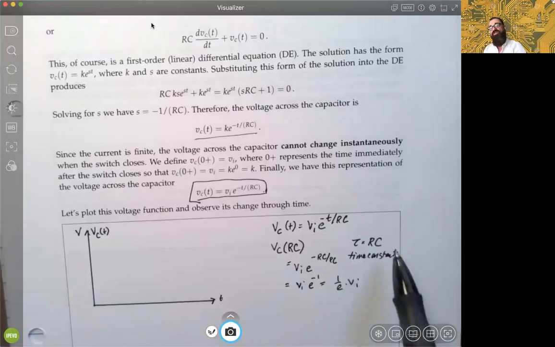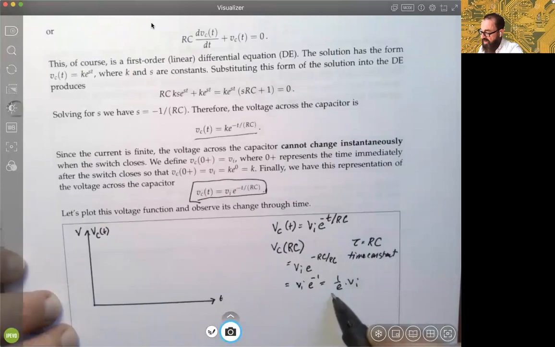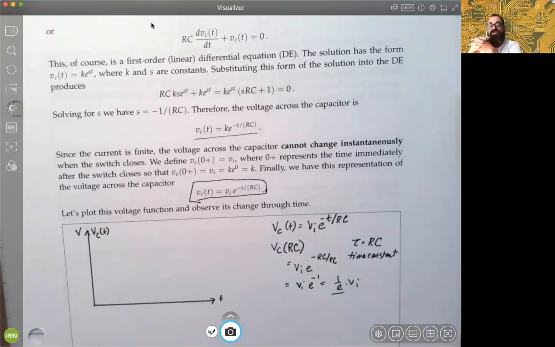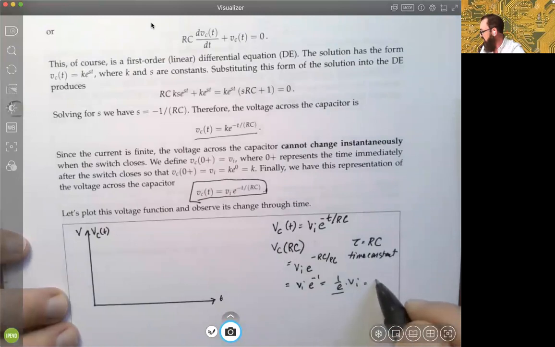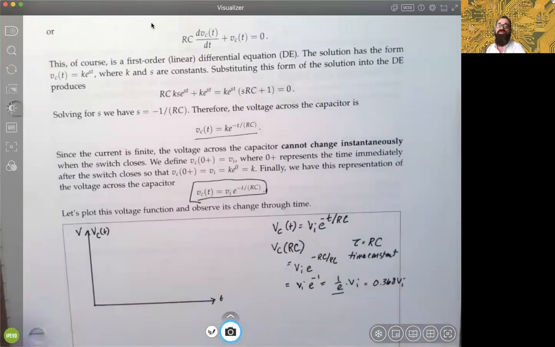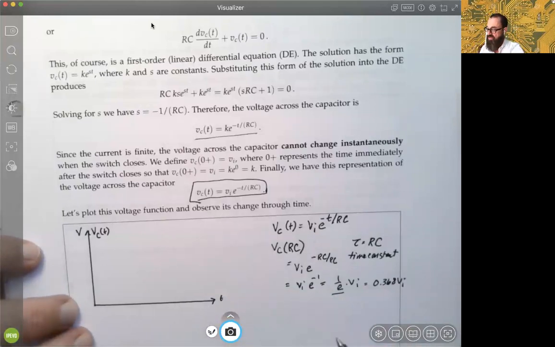At this particular point in time, this is the fraction of the initial voltage you would have. With a calculator, that's exactly 0.368 times your initial voltage, just less than 4/10 of it. Another way of saying that is V_C of tau equals 0.368 V_I.